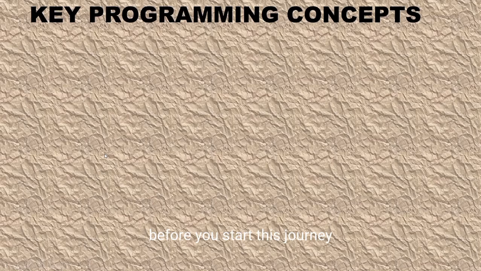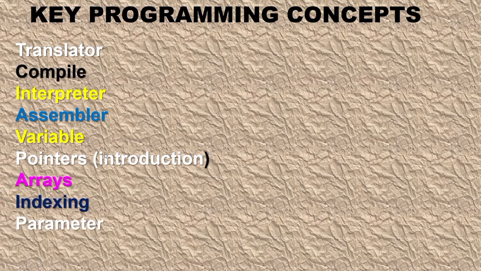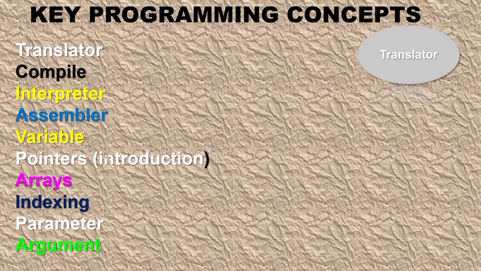Before you start this journey, you need to understand the terminologies that are involved. Is that okay? So, you need to get familiar with terms like translator, compiler, interpreter, assembler, variable, pointer, arrays, index, parameters, arguments. So now here, translators. What are translators? Translators are divided into three types.